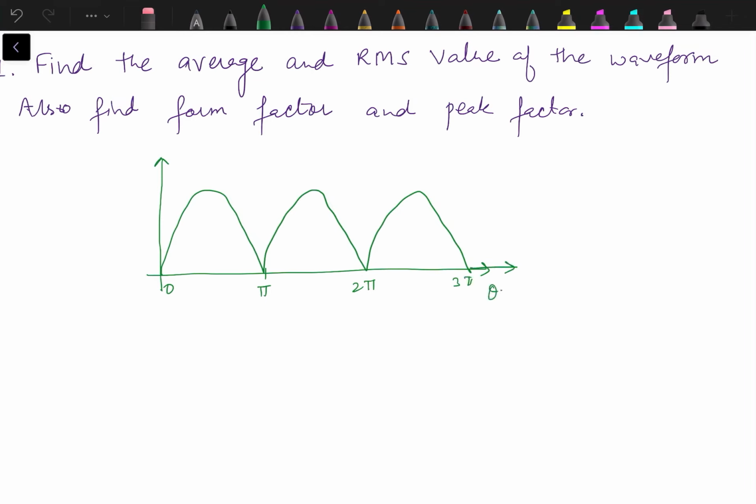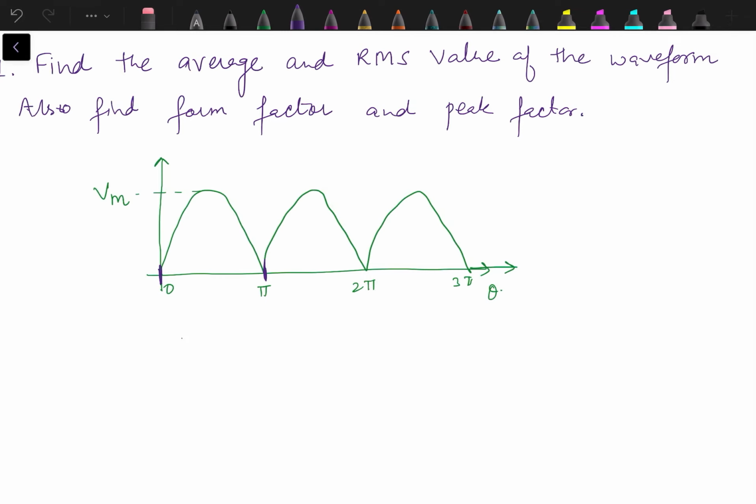On this side we have theta. The maximum value is Vm. So it's a repetitive waveform which repeats from 0 to pi, then pi to 2 pi, then 2 pi to 3 pi. So we have to find out its value over 0 to pi.